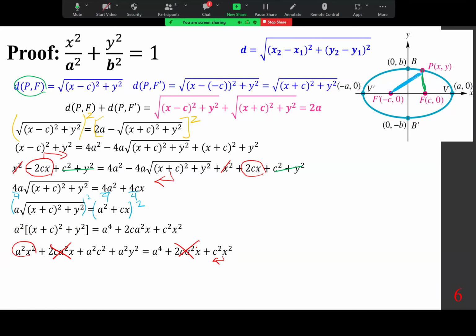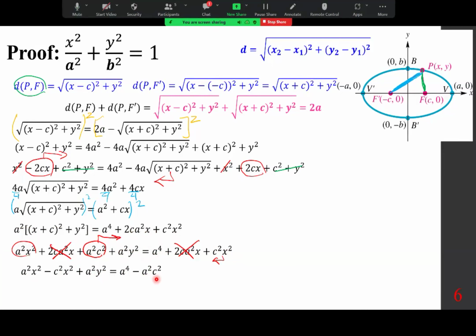We drop them from both sides. And we move this. So it looks like this. Everybody take a look. So we get a squared x squared minus c squared x squared plus a squared y squared. The right side has a to the power of 4. This moves, becomes minus a squared c squared.